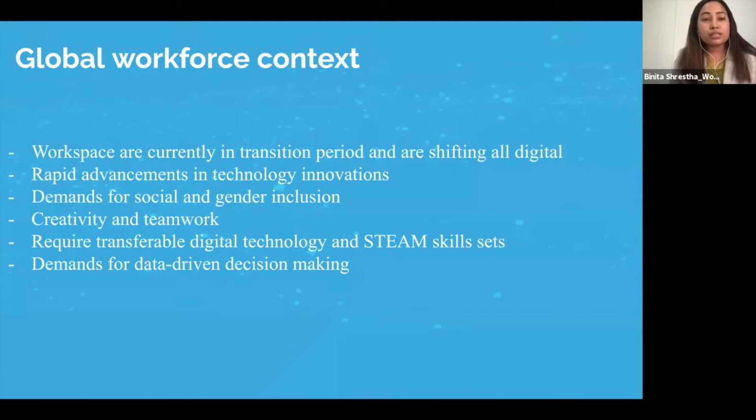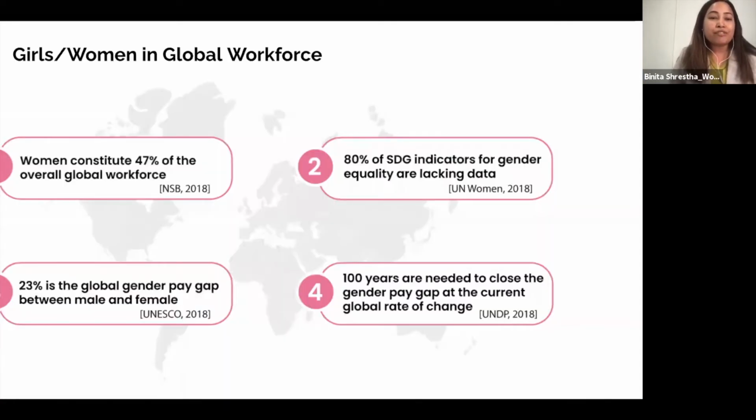Our workspace is demanding inclusiveness and creativity. But unfortunately, only 47% of women are in the global workforce. The main idea here is to retain the percentage and also proceed towards an increment in every passing year. And for this, digital technology and STEM can contribute a lot.